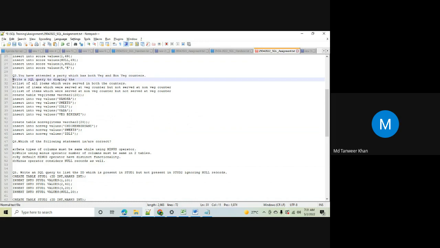So you have to write a SQL query to display the list of all items which were served in both the counters. Sorry, that is a different question.